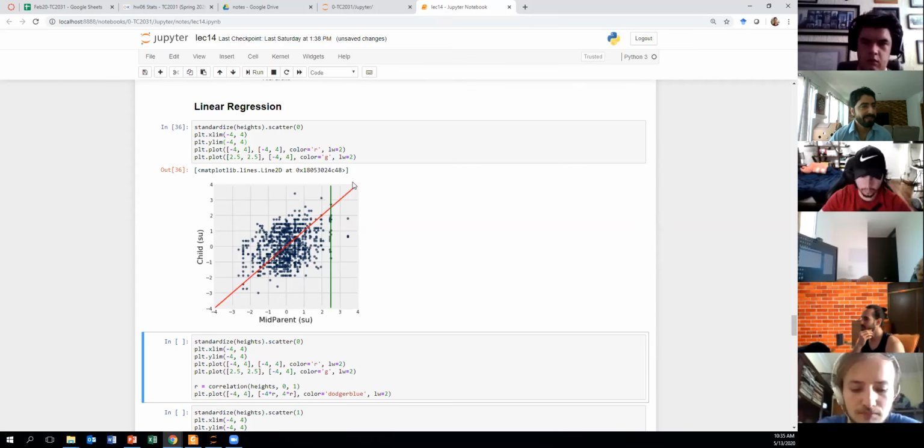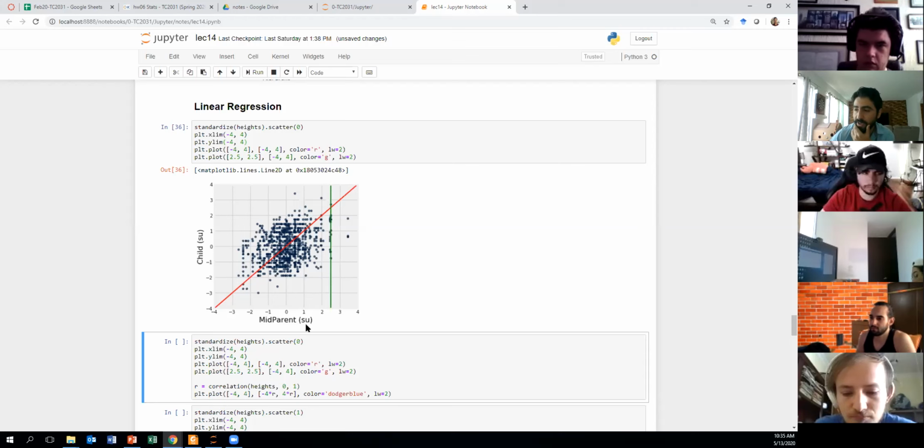Can you hear me clearly? So the red line is a random line that goes through all my points, and I think this red line can maybe predict my data. This green line is the line where I want to predict my child's height at this particular point.